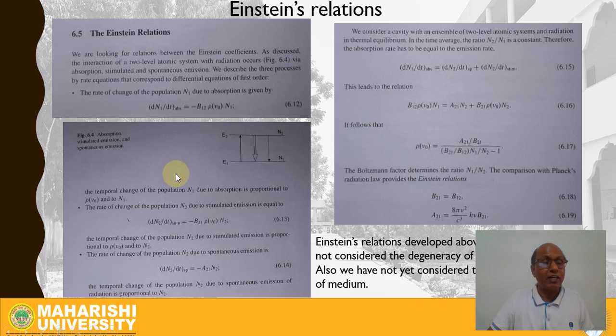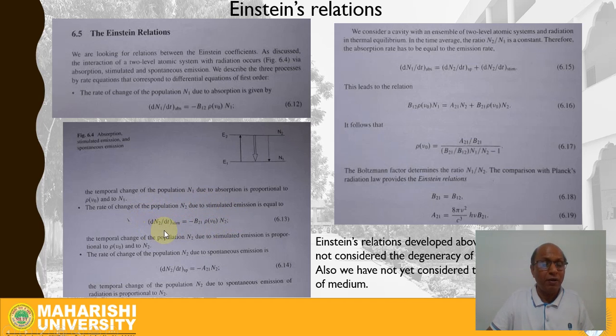Now similarly, if we are to develop the transition rate for the stimulated emission from N2, that is the rate of change of population N2 due to stimulated emission, again you go back to your previous equation, and dN2 upon dt becomes this much.